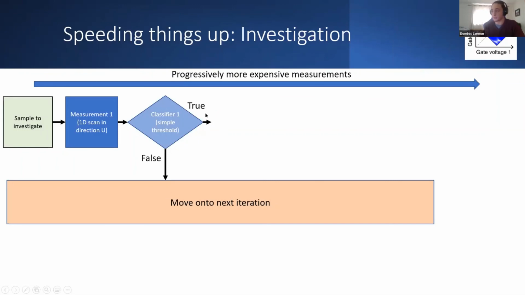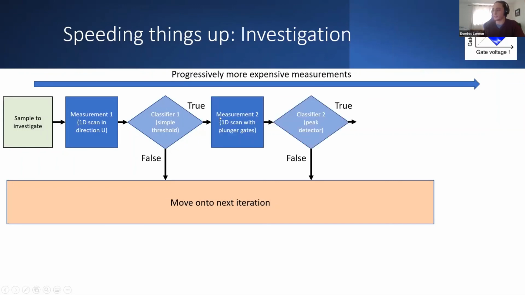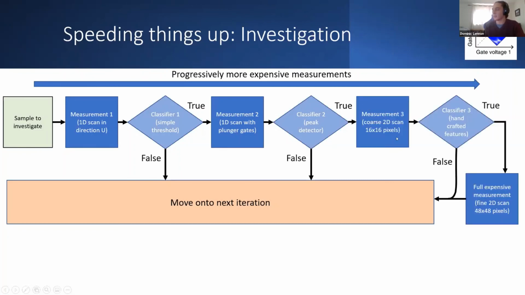If we do, then we can do a small 1D scan and check for peaks. If not, then we can move on to the next iteration. If good, then we can move on. And then finally, we do a really coarse scan with some handcrafted features to try and determine whether it's any good for doing a full expensive measurement on, or just giving up and going on. Note these classifiers are just very simple. They're not machine learning.